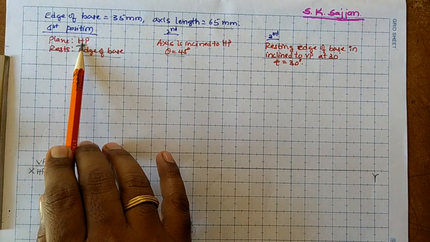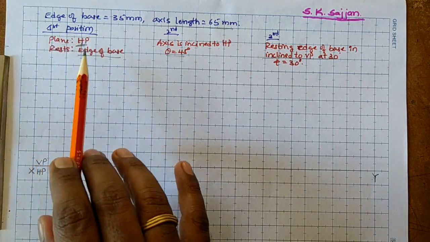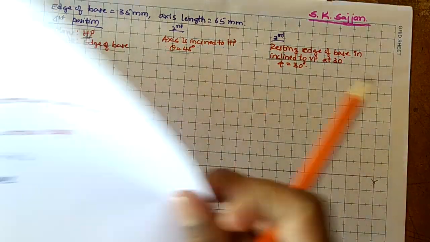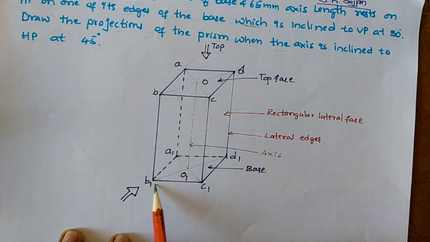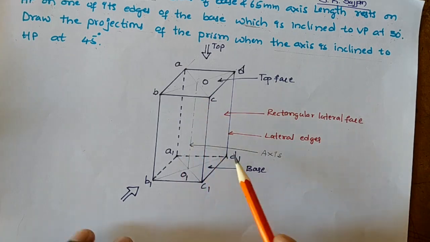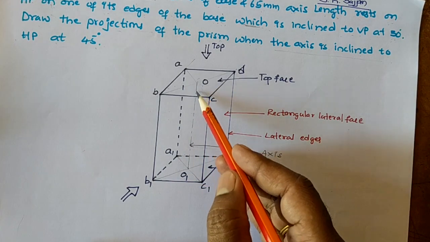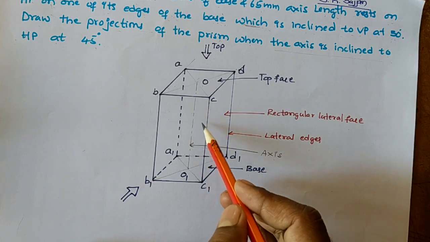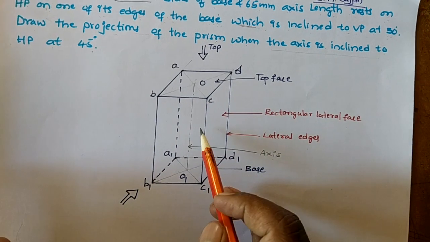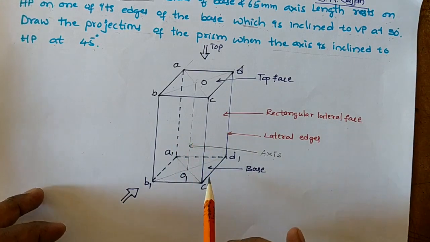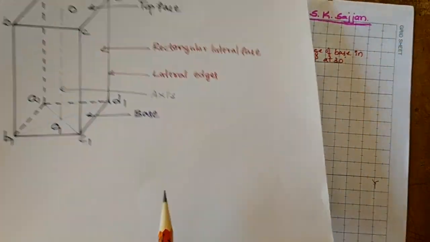Since the base of the prism is placed on HP, the axis is perpendicular to HP.